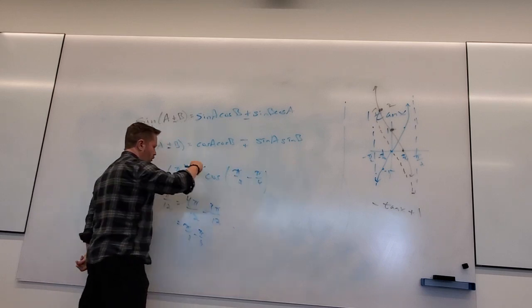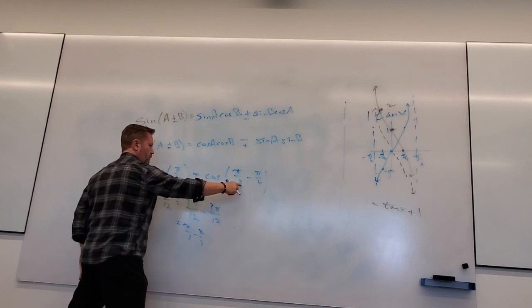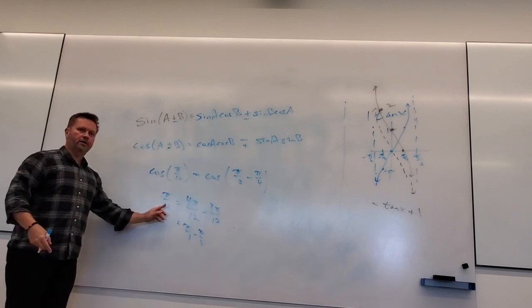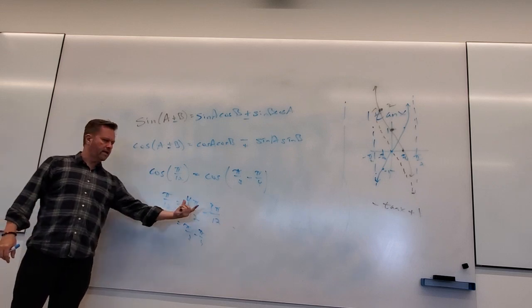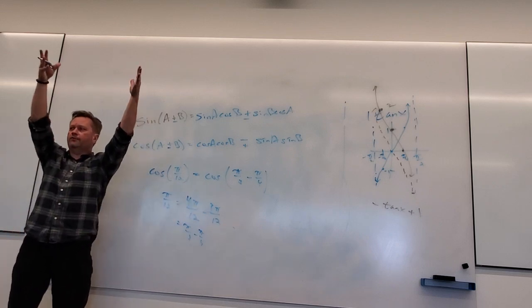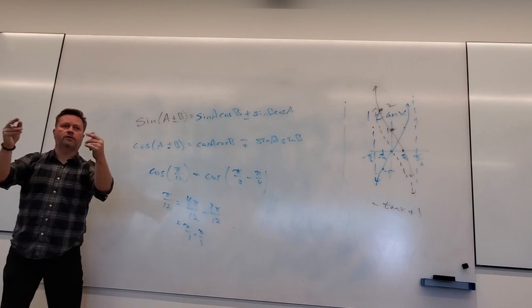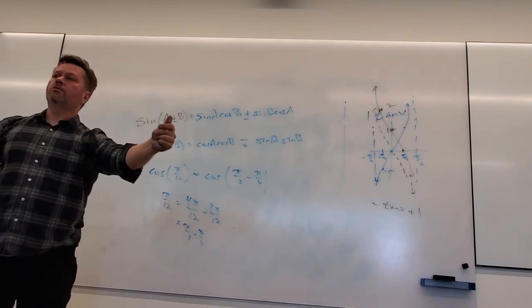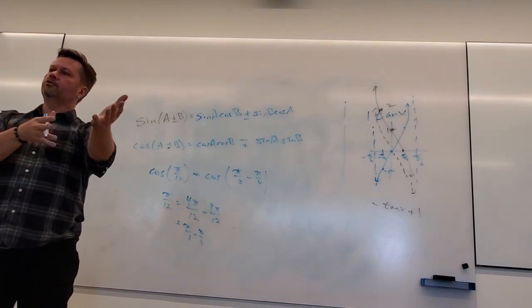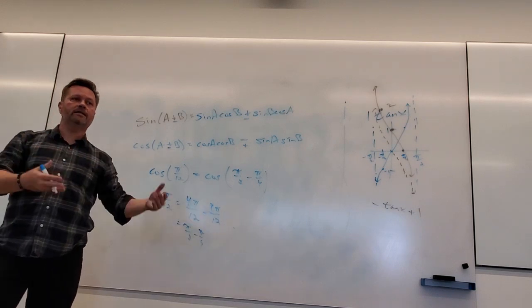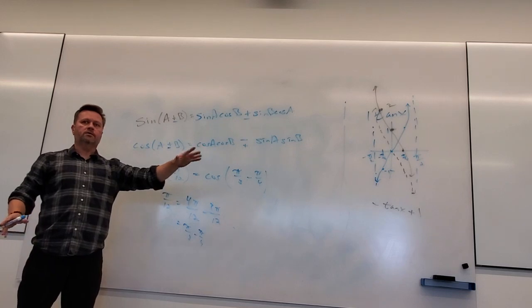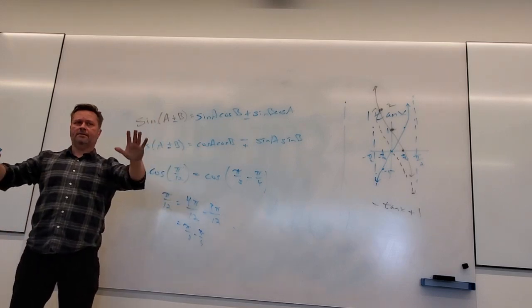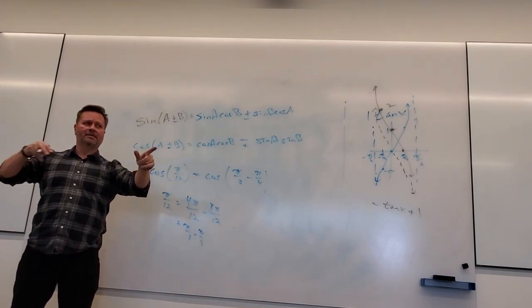Now, did I go straight from here to here? Of course not. All I did was ask, what do I subtract to end up with this? Well, 5 pi over 12 minus 4 pi over 12 is definitely pi over 12. Does it help me? No. So I pick something else that subtracts to be pi over 12 until I get something that reduces to angles I know. Does that make sense? Yes.